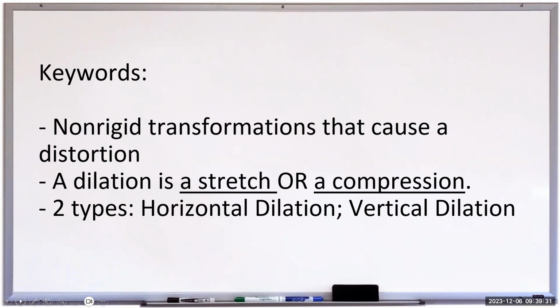And under each type, we still have further classification. So for example, in horizontal dilation, it can be reclassified as horizontal stretch or horizontal compression. Similarly, for vertical dilation, we also have vertical stretch and vertical compression.